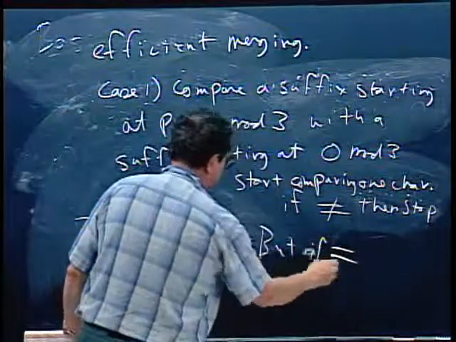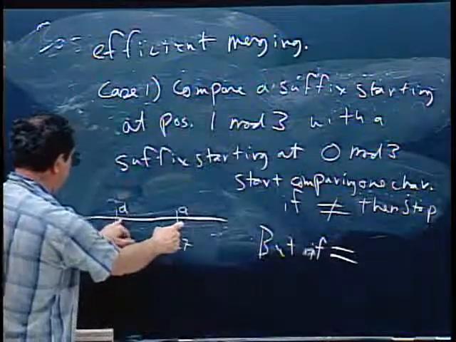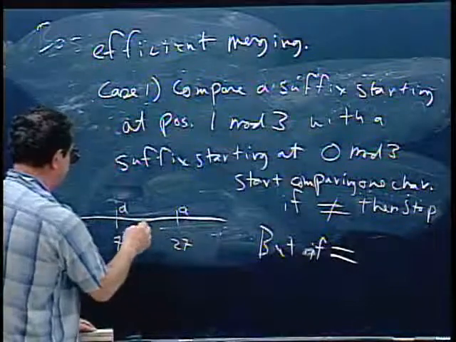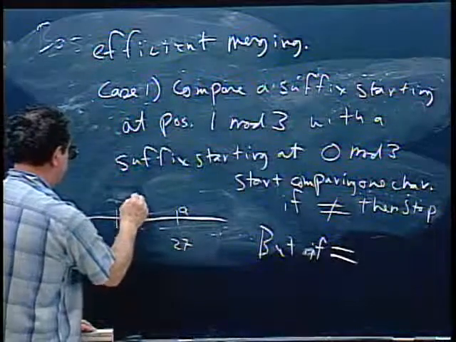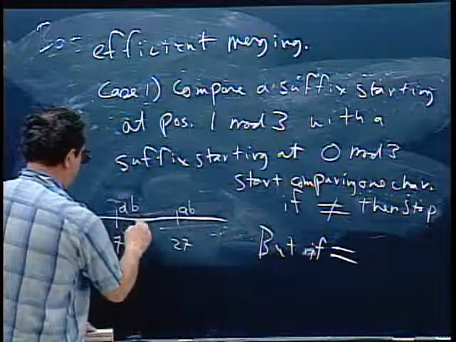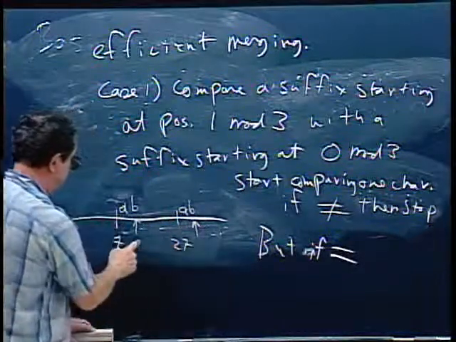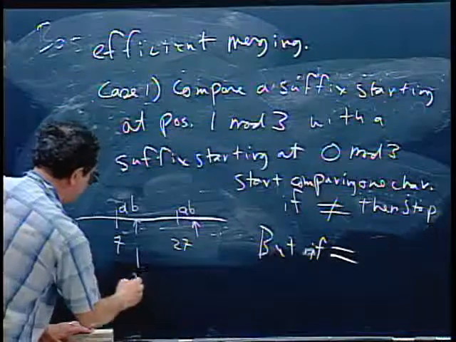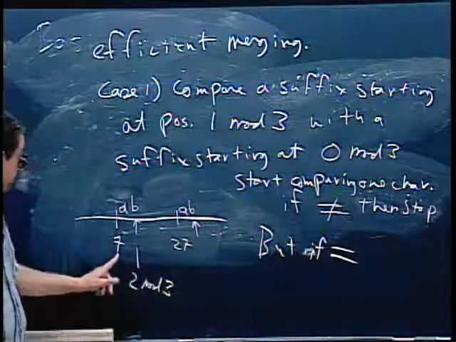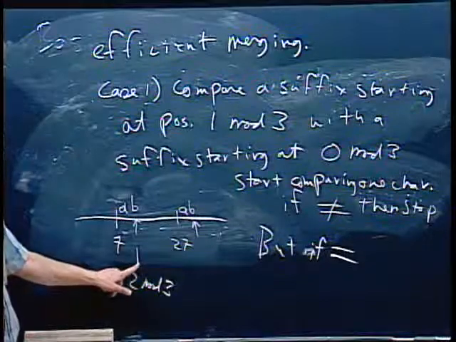If they're equal, now when we want to do the comparison, we would move over to the next letter, okay? So we have some letter here, and we have some letter here. But now this position is a position 2 mod 3, because this was position 1 mod 3.